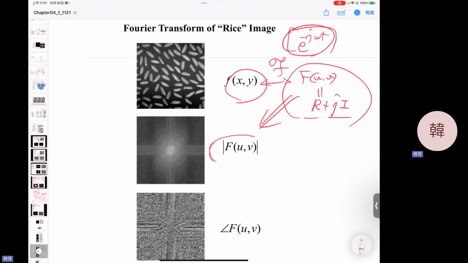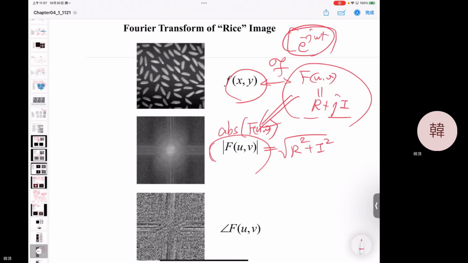So we take the ABS of F(u,v). What do you do? Actually, we take the absolute value: we take the square of the real part and the imaginary part of the corresponding pixel, where pixel labels are the labels of your frequency component, and then take the root.